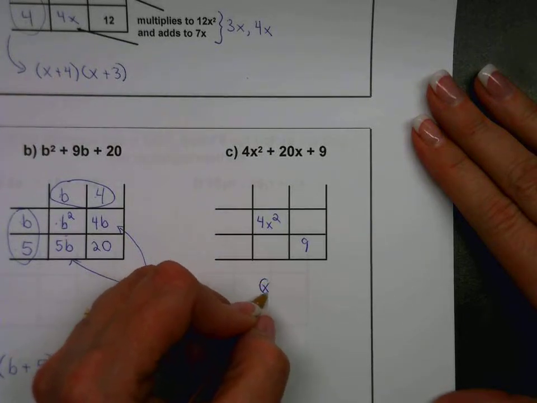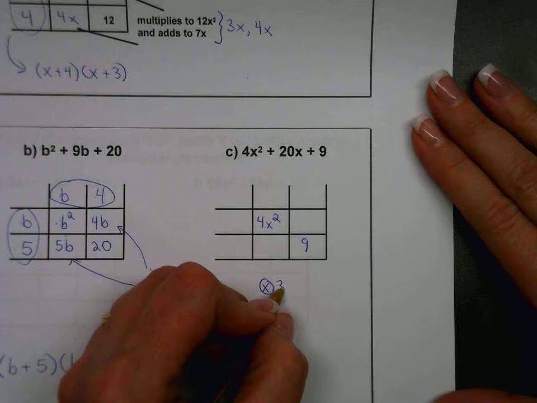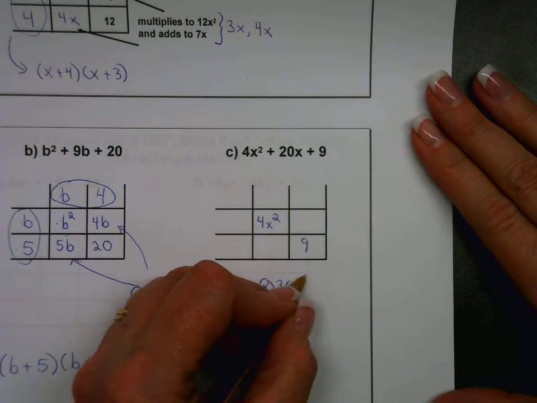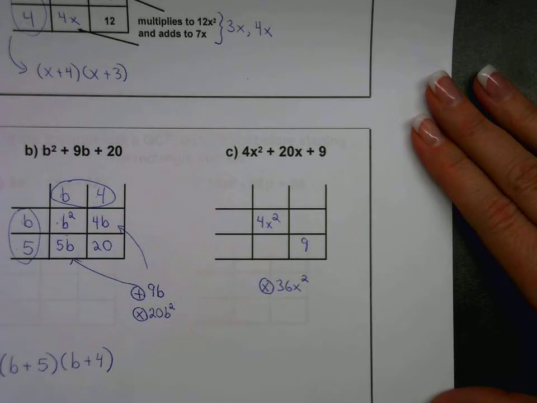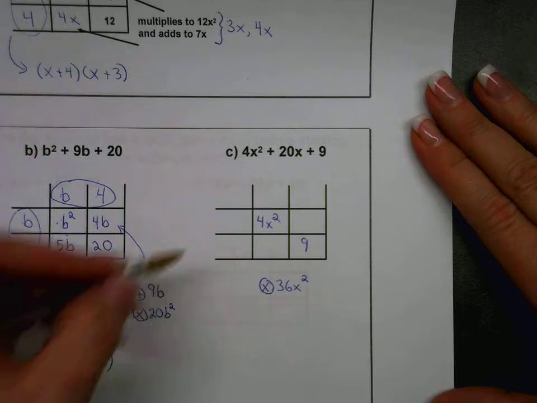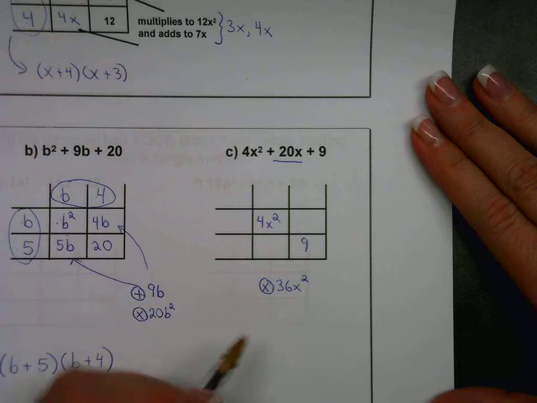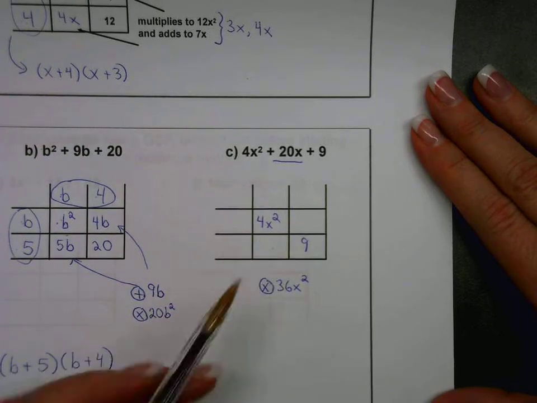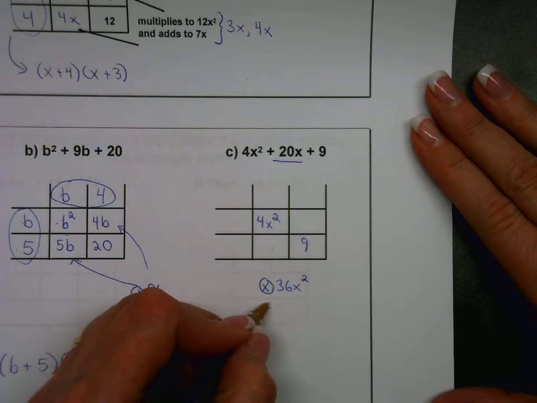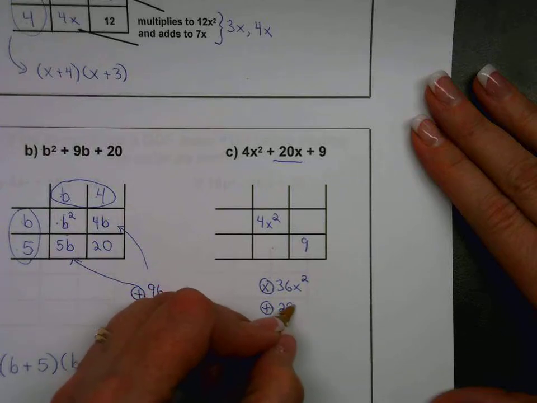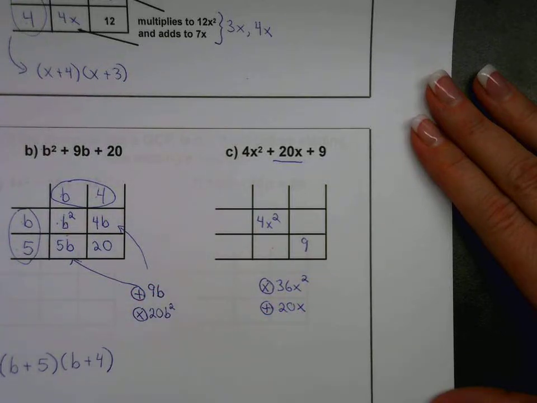They're going to multiply together to give you 36x squared. Because the middle term of the original polynomial was a 20x, then the two boxes that I have left to fill in have to add to 20x, and they also have to multiply to the 36x squared.